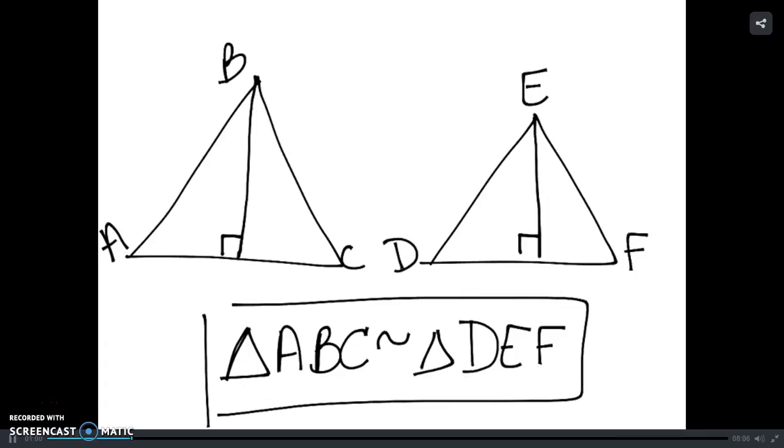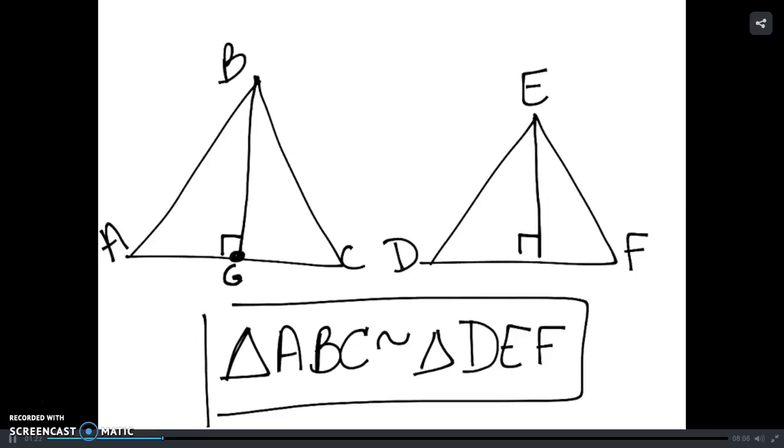And so our rule, which we're starting on 7.5, right, so that's on page 501 in your book, our rule says if you have two triangles that are similar, then the lengths of the altitudes are proportional to the lengths of the corresponding sides.